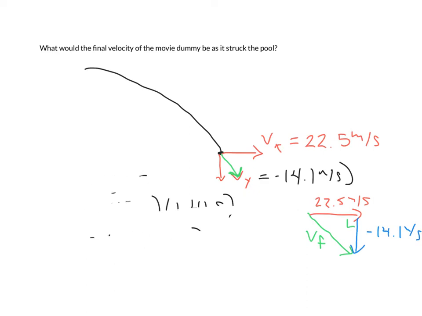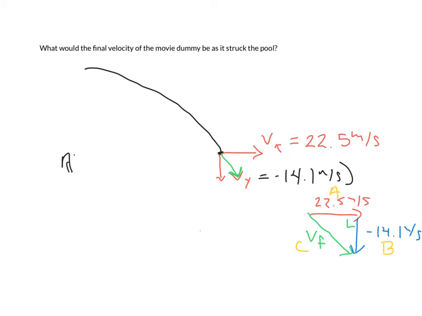All right, so from your math class, you probably know how to find the hypotenuse of a right triangle using a squared plus b squared equals c squared. So if I just label these, my x component could be a, my y component can be b, my final velocity, c there. So a for x, b for y, c for the hypotenuse. Doesn't really matter which one's a and b as long as c is our hypotenuse.